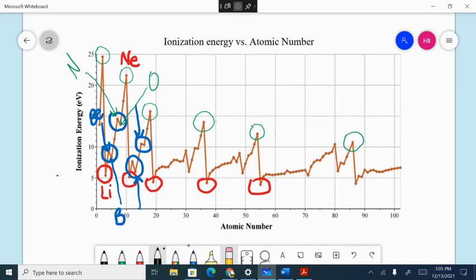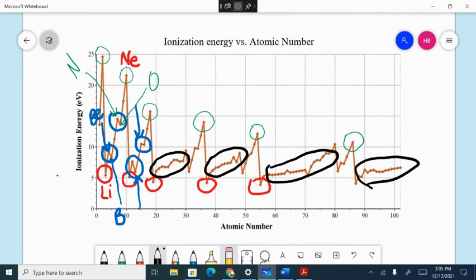Notice when you get down here, all this messy stuff here, those are going to be your transition elements that don't necessarily follow the trends either. Remember, when we talk about trends, we're always talking about the representative elements or the elements from the s and p blocks. Those are the valence electrons of any atom. The d and the f subblock, which are the transition elements, are not valence electrons.